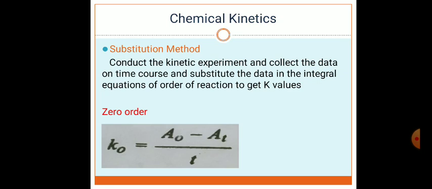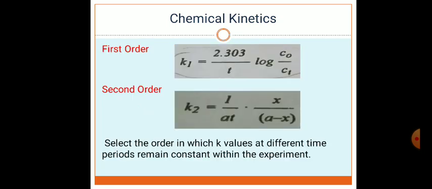For zero order, K0 is equal to (A0 minus At) divided by t. For first order, K1 is equal to 2.303 divided by t into log of C0 by Ct, and for second order, K2 is equal to 1 by At into x divided by (1 minus x). These are the integral equations.